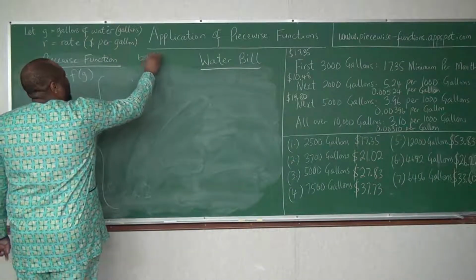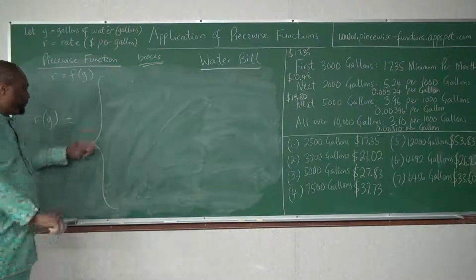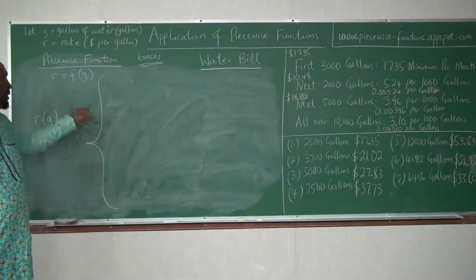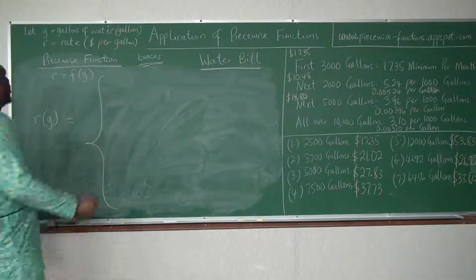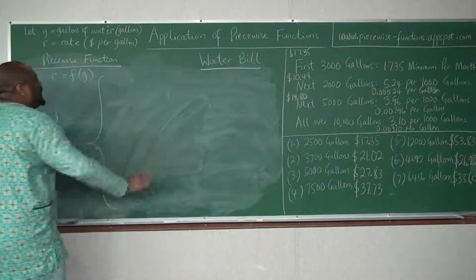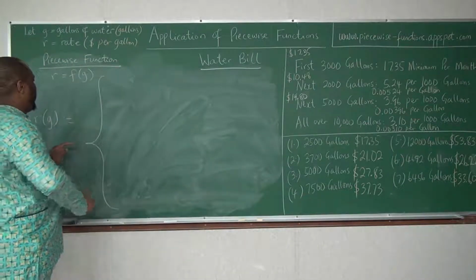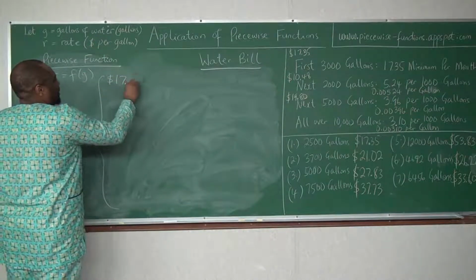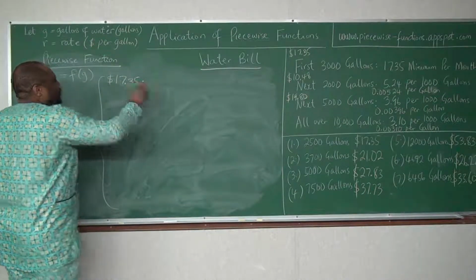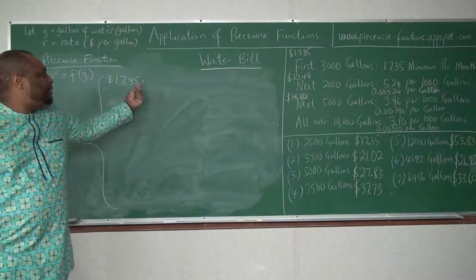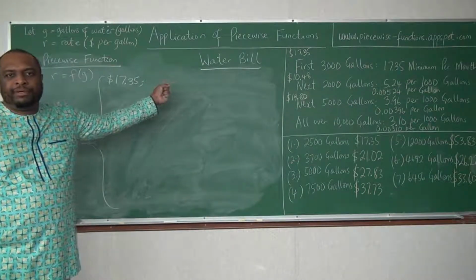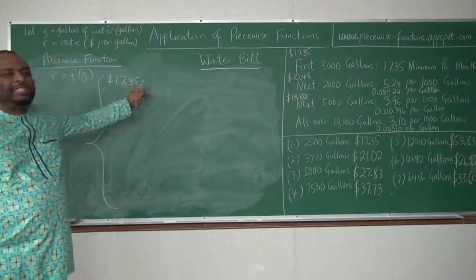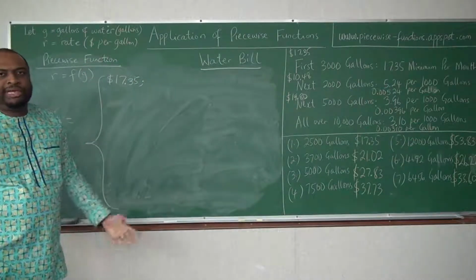But we don't close it. It's opening braces. Okay, so this will be $17.35. Another way to write it, you can use a comma and use if, or you can just use a semicolon, you don't need to use if.